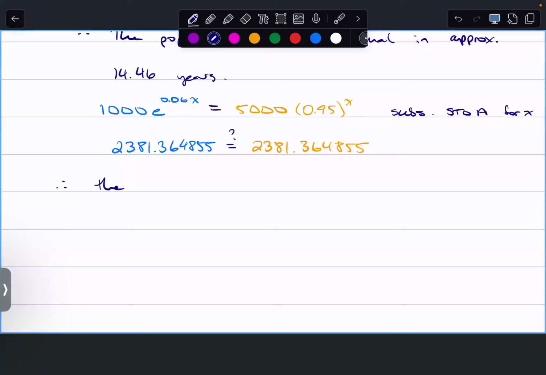Therefore, the population size will be roughly 2,380. I'll do a little squiggle in front because I can't have 0.36 of a person.